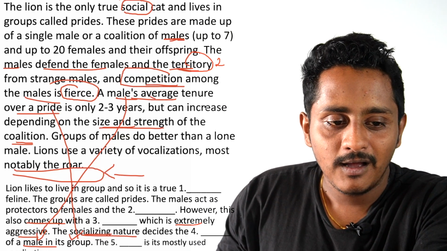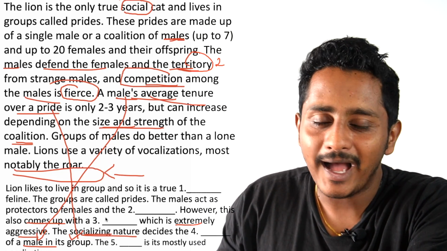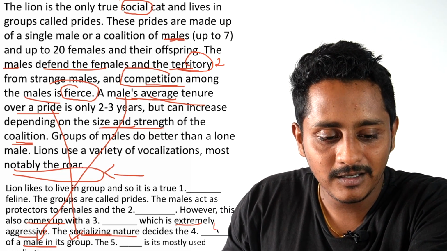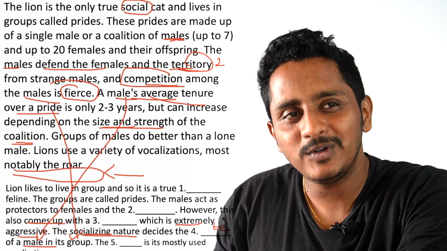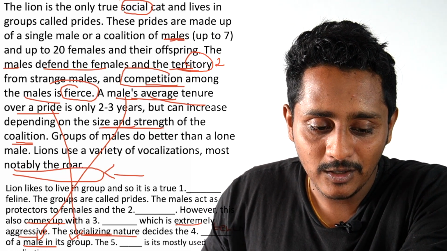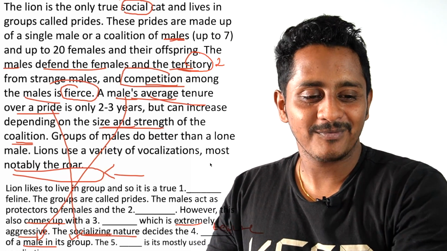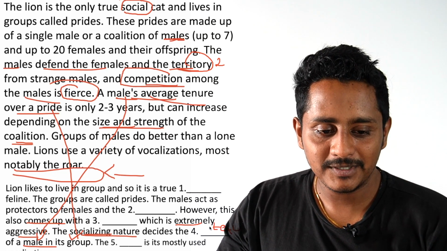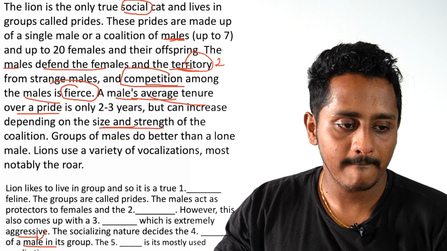So it's average tenure, with an average tenure. The socializing nature decides the tenure of a male, or average tenure if they have written not more than two words. Okay, tenure is the correct answer for this because everything else is matching. One moment, let me just clean this up.